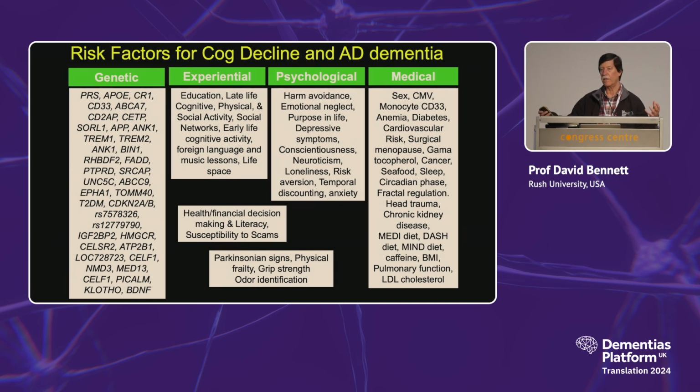We're not interested in differences between groups. We're interested in why these individuals are all different from each other. Why do these people decline rapidly? You can see they're very different ages, but they're declining rapidly. Some people are declining slower, some people not at all, some showing some practice and learning effects.